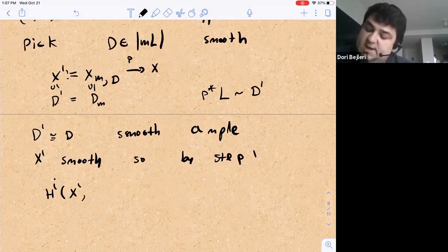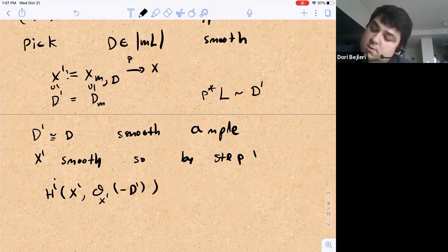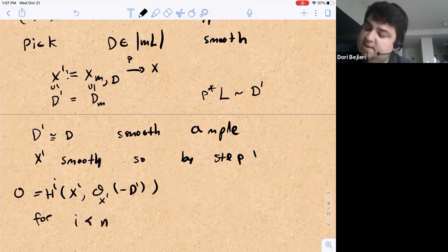Then this tells us, so H^i of X prime, O_X' minus D prime is 0 for i less than n. And the dimension of X prime and X are the same because this P is finite. But we just said that P upper star L is D prime.